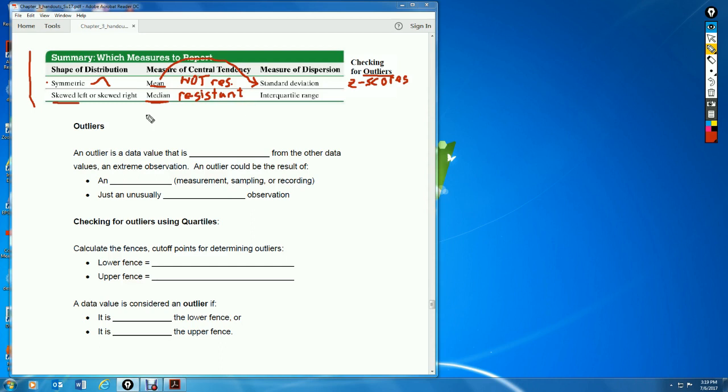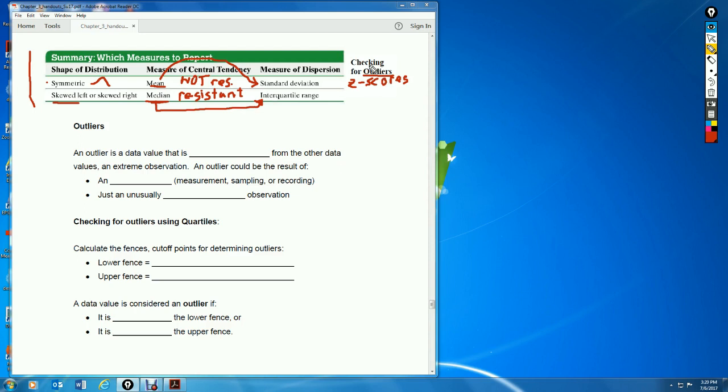And going along with that, if you report the median, then you want to report the IQR as your measure of dispersion or variation, because they go together. The median is Q2, the second quartile. The interquartile range is also based on quartiles. It's Q3 minus Q1. So they naturally go together, okay?